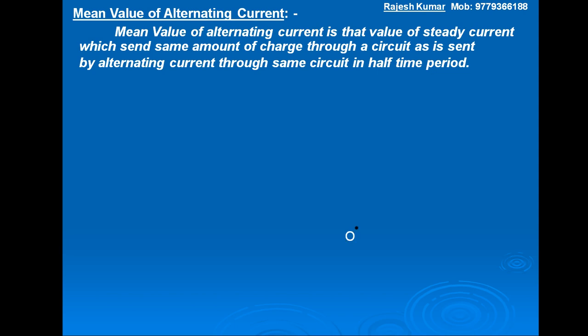So this is origin and this is the x-axis and this is y-axis. Plot along x-axis time as variable and along the y-axis the variable is the magnitude of alternating current, and current varies like this up to half time period.